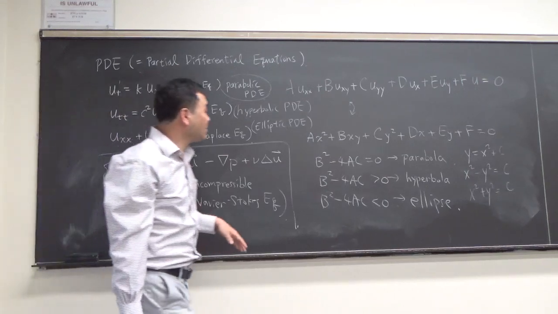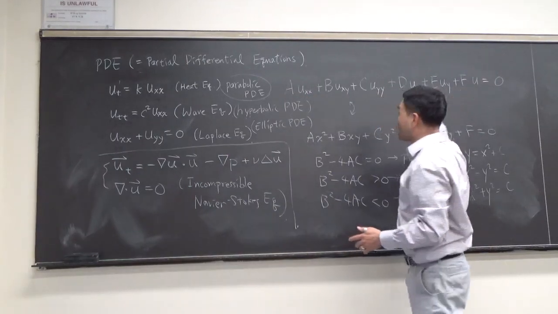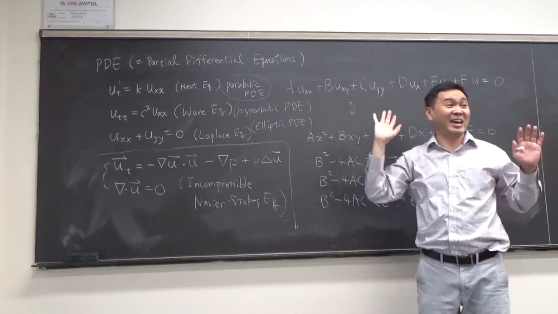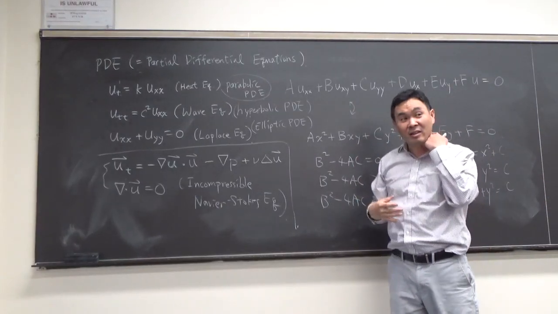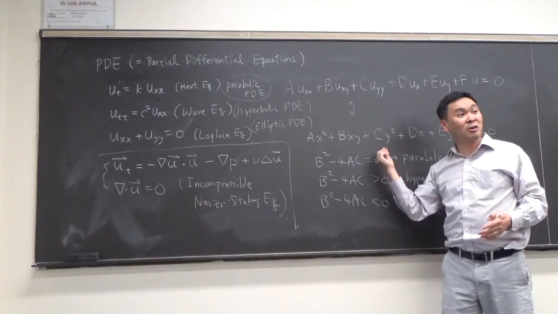So in fact, you could also think about a second order PDE where A, B, C, D, E are all functions of x and y. And what that could do is, this could be only true for certain values of x and y.